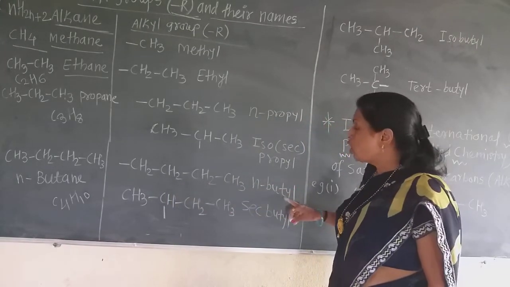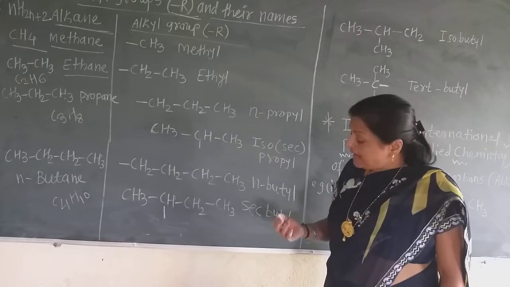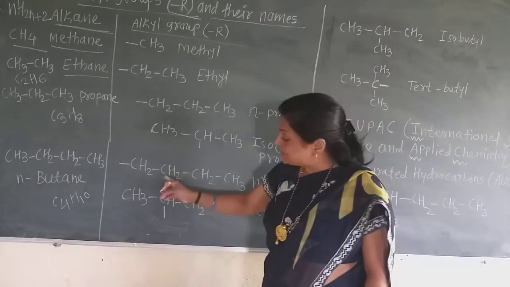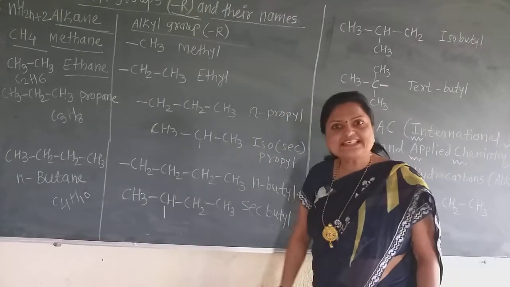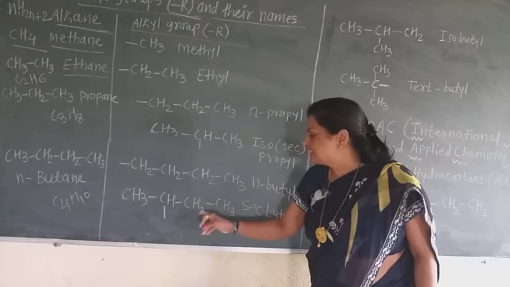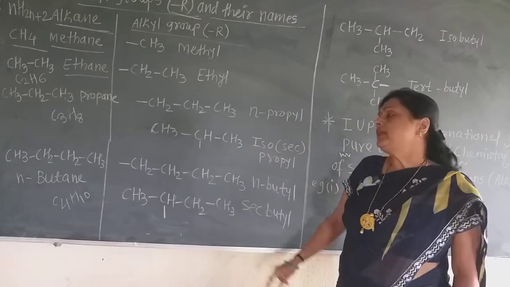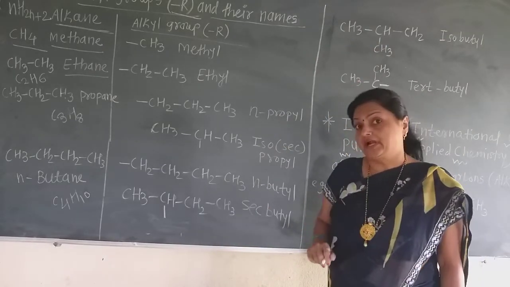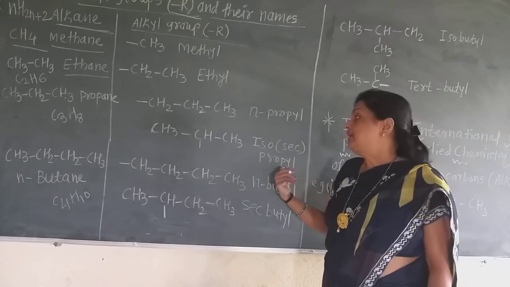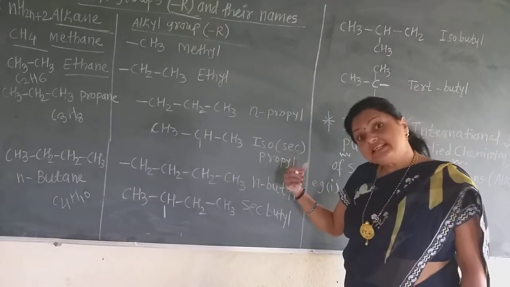Now this is the normal butyl group. But if I remove the hydrogen of the second carbon atom, here is the free valency now, and the name of this alkyl group is the secondary butyl group. In butyl, the secondary and isobutyl groups are different, but in propyl, the secondary and isopropyl group is one and the same.